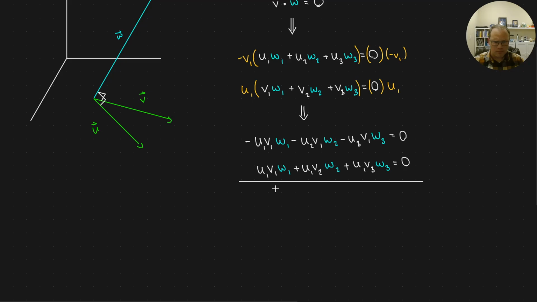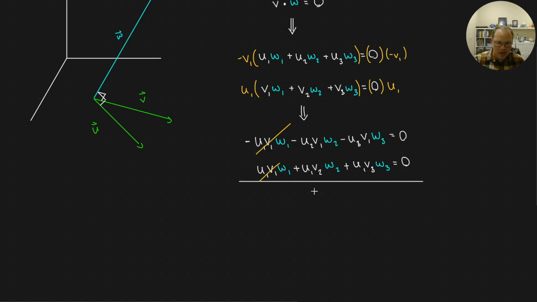Specifically, negative U1 V1 W1 plus positive U1 V1 W1 goes away. And so if I add these equations, I'll get a new equation without that variable W1.